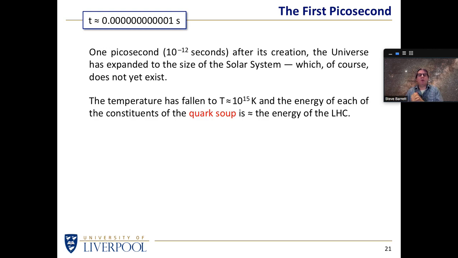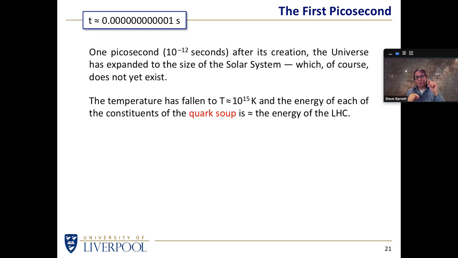Perhaps we should be calling it the quark and electron and other fundamental particle soup, but it's not quite as catchy. But the point is, the energy of each of the particles in this soup is, roughly speaking, the energy that we can reproduce by banging particles together in the Large Hadron Collider.